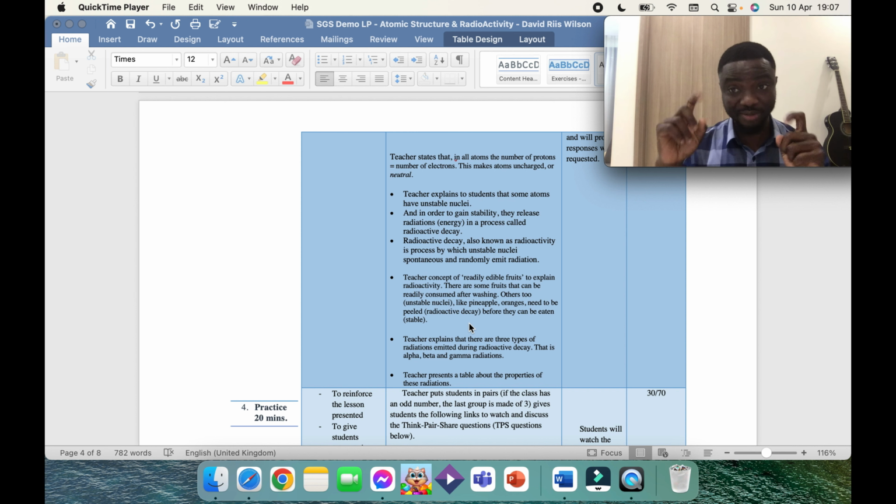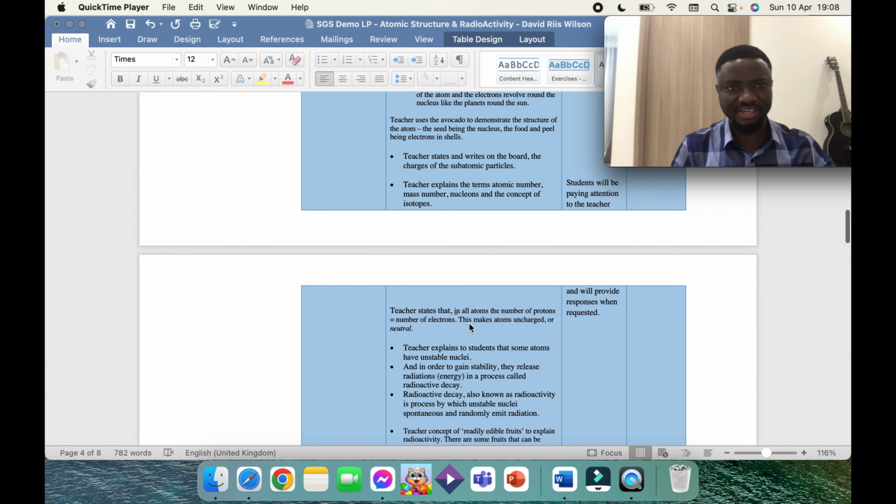So to make it stable or to make it readily edible, you would have to peel off the peel of the pineapple and then get the fruit itself and eat. So I think this process can be likened to the process of radioactivity or radioactive decay. So that will make the pineapple more edible. And the same way, unstable nuclei go through the process of radioactivity or radioactive decay in order to become more stable.